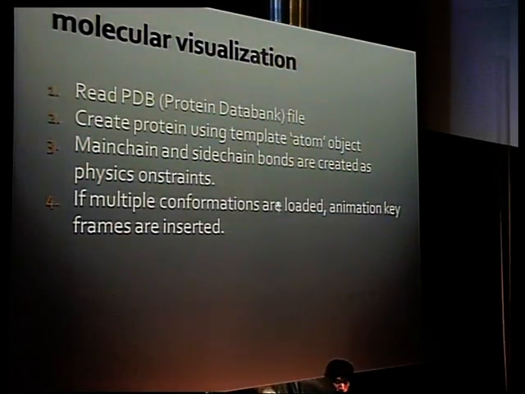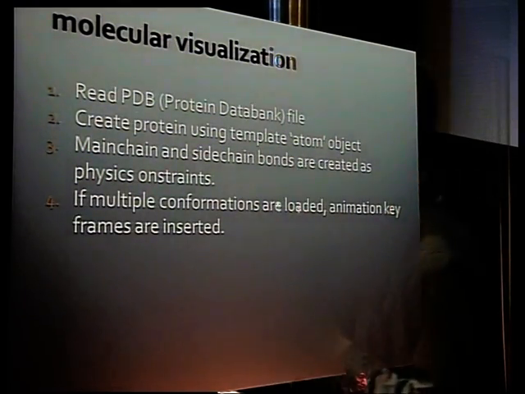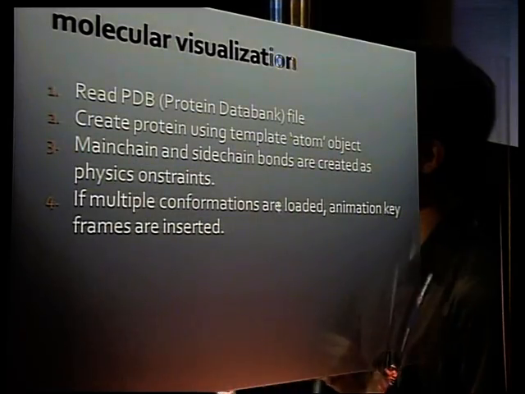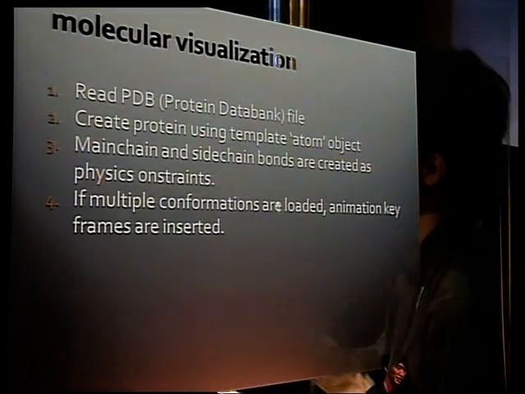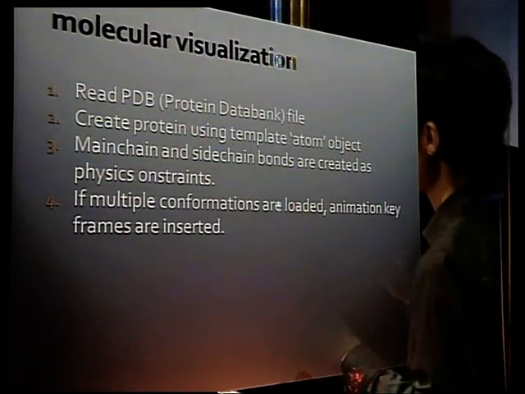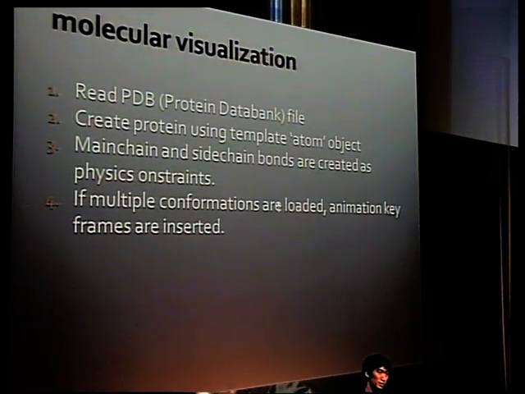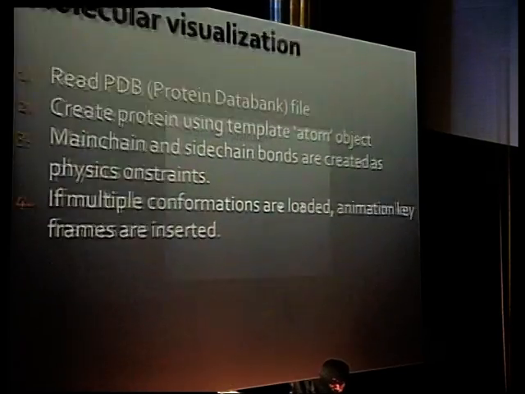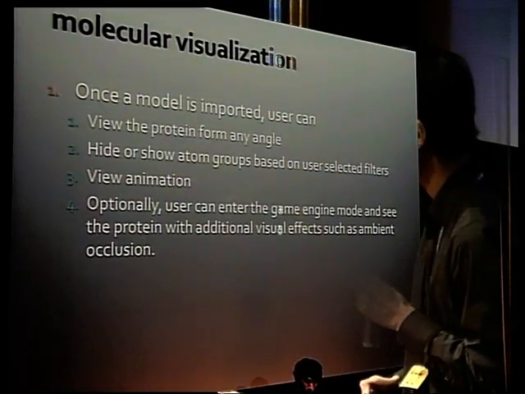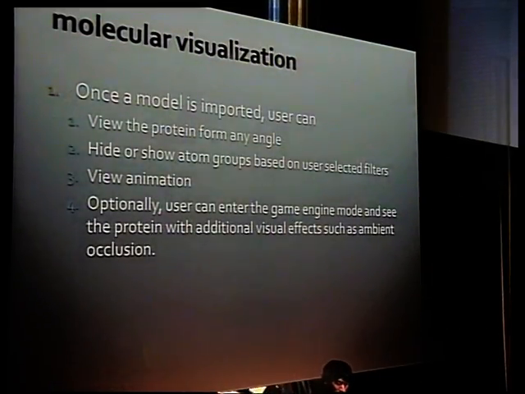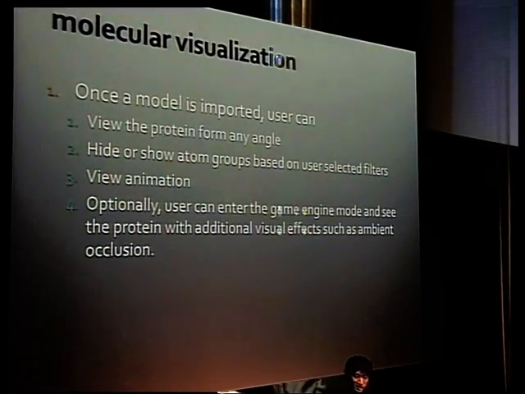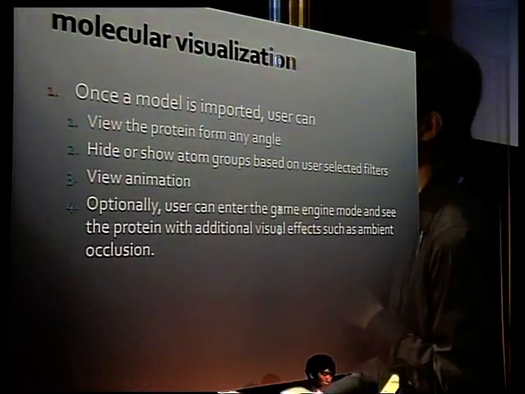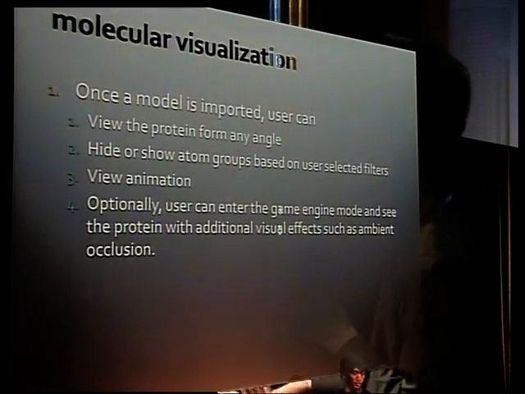And because sometimes proteins come in multiple positions, conformations, if we load multiple models into the same scene, it's able to create a keyframe automatically, so the protein would animate from one position to the other. Once the model is loaded, it exists in Blender as a 3D model, so you can do most of the typical things you can do with a model.